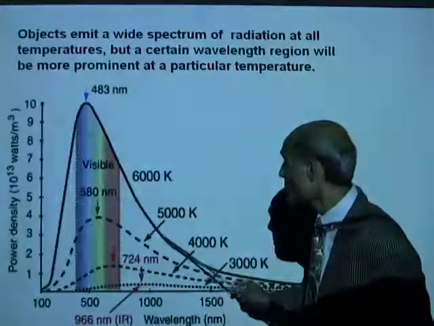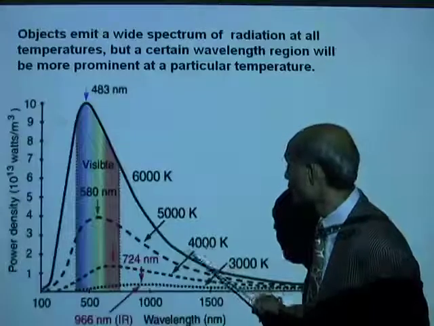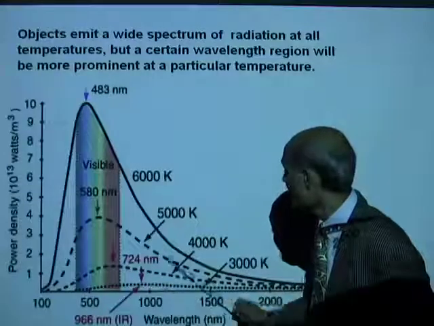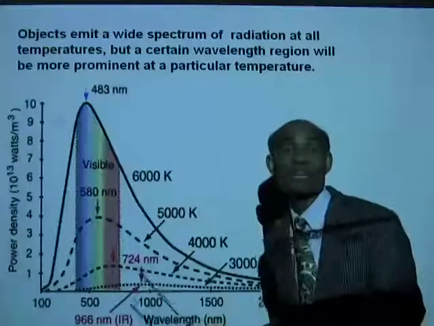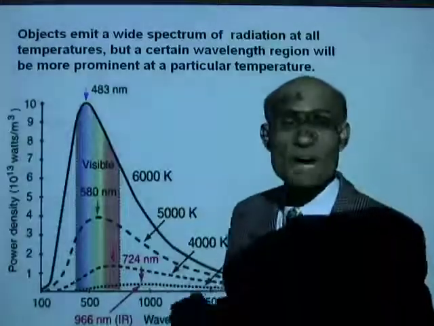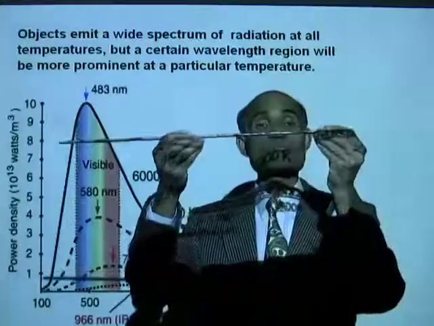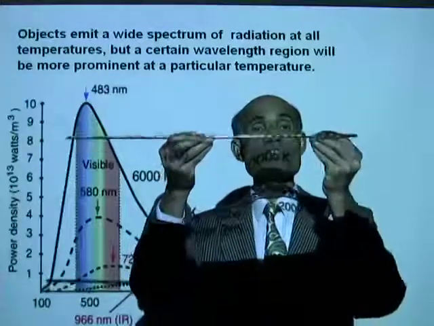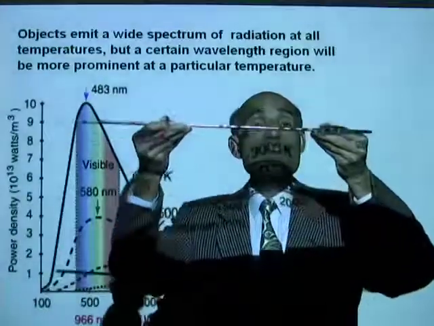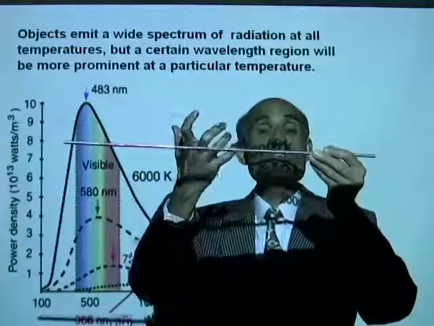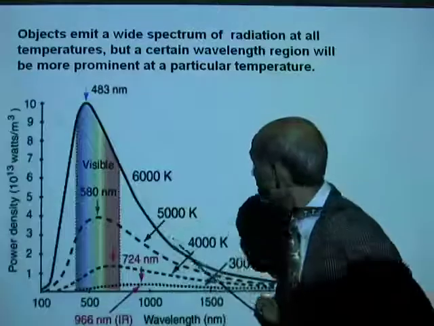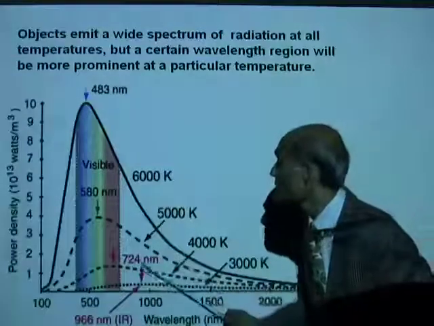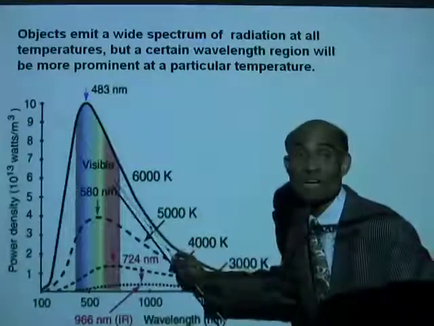The most prominent radiation at about 4,000 Kelvin is the infrared, the heat radiations. So if I heat this object to about 2,000 or 3,000 degrees Celsius, it will turn red. It will emit infrared radiation. So the most prominent radiation emitted by an object depends on its temperature.